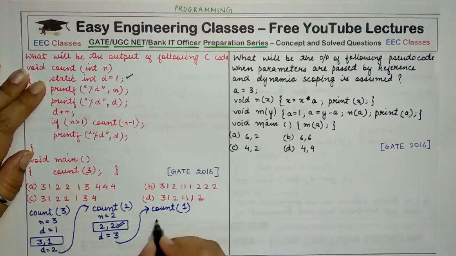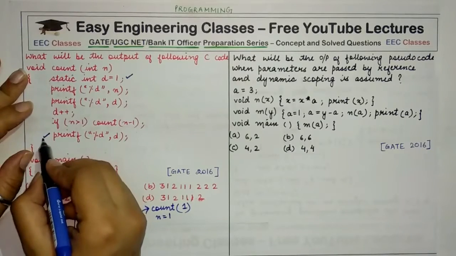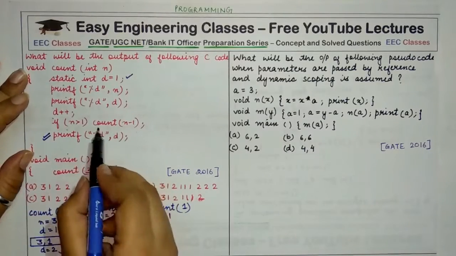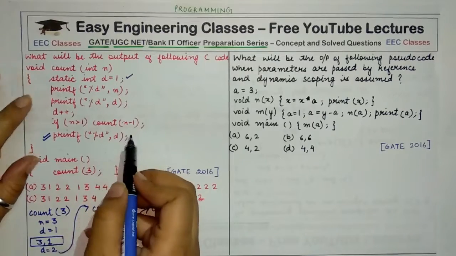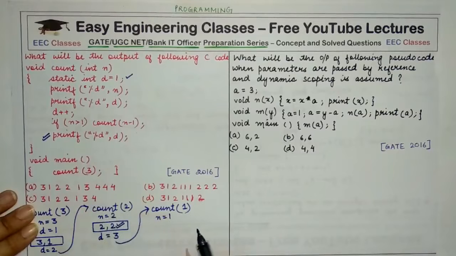In this call, the value of n is 1. Please see carefully that when I am making such recursive calls, the previous call of the function is not yet complete, because there is a statement that would be executed after we return from the recursive call. Okay, so please don't miss such statements while you are executing.